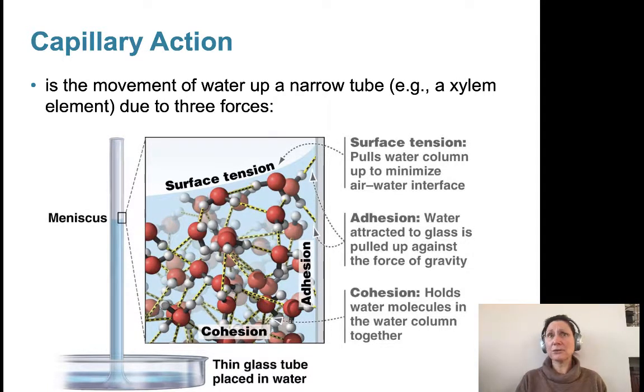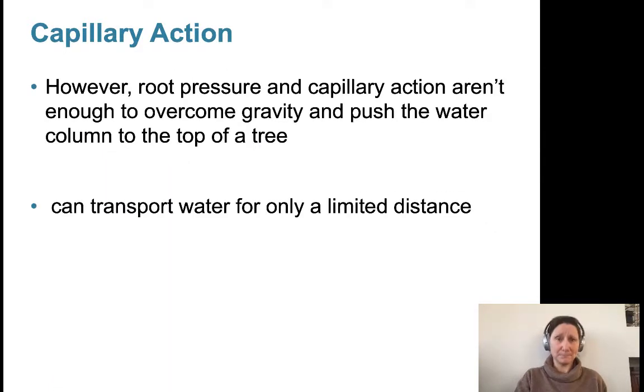But it's only going to go so far. There are certain physical forces that prevent it from going very high up. Pardon me. So root pressure and capillary action aren't enough to overcome gravity and push the water all the way up the column of the tree.